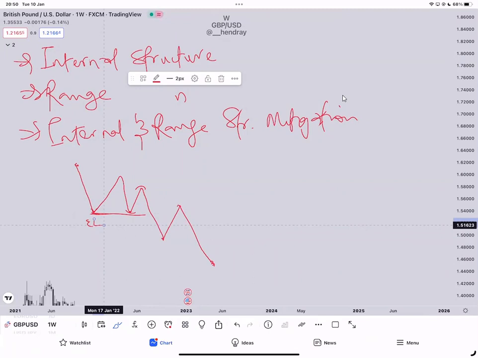So what is it called? So this is our next major structure range. This is our major liquidity, external liquidity, major liquidity.